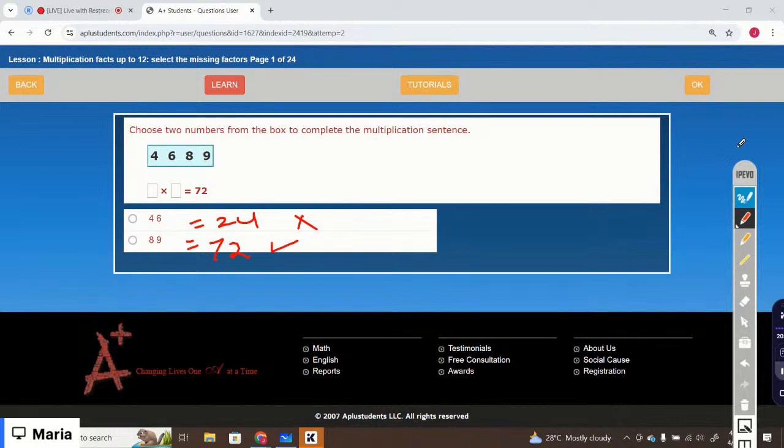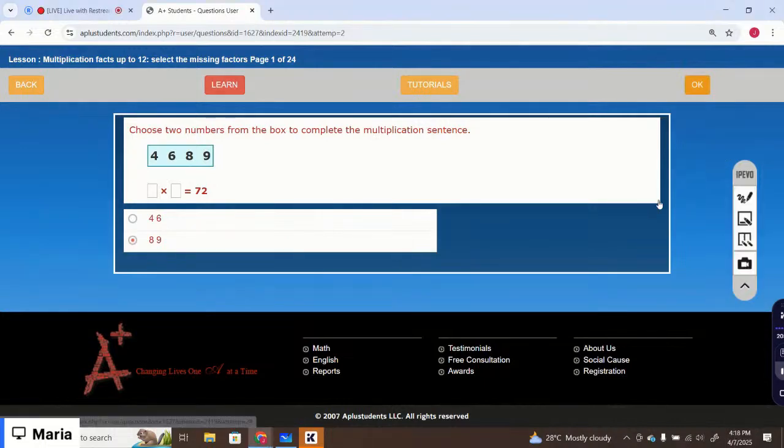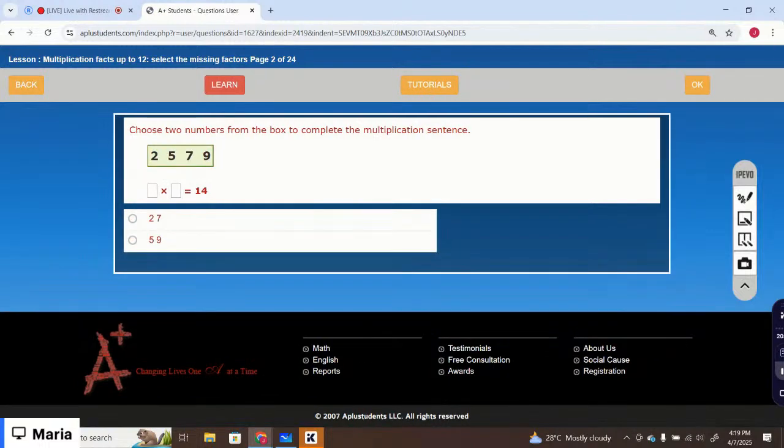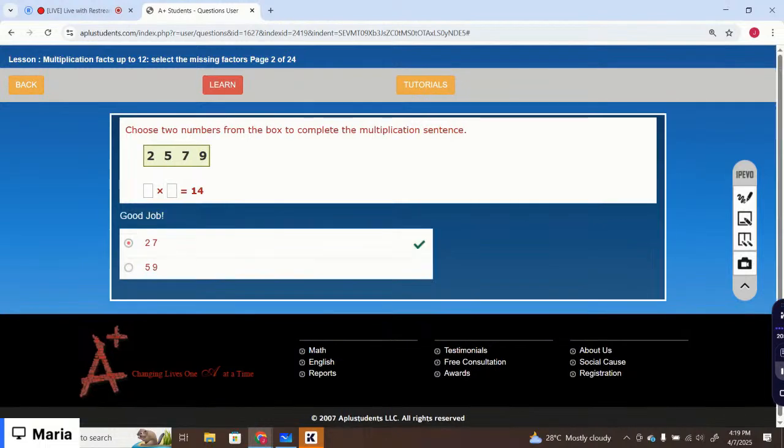So 8 times 9 is 72. Option number 2 is the correct option. Choose two numbers from the box to complete a multiplication sentence. That is 2 times 7 is 14. Option number 1 is the correct option.